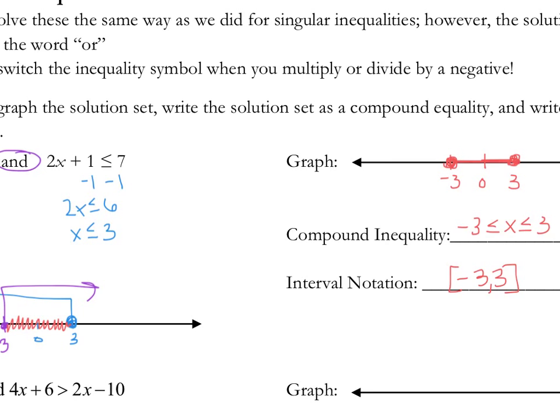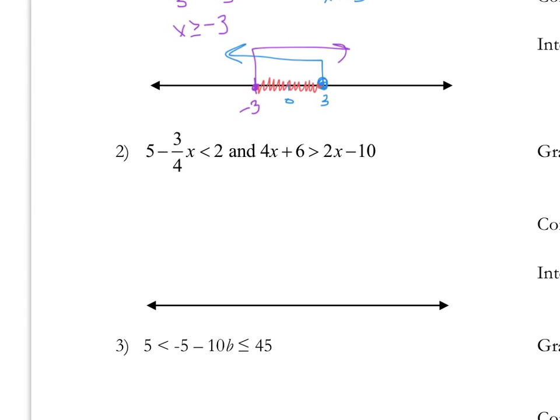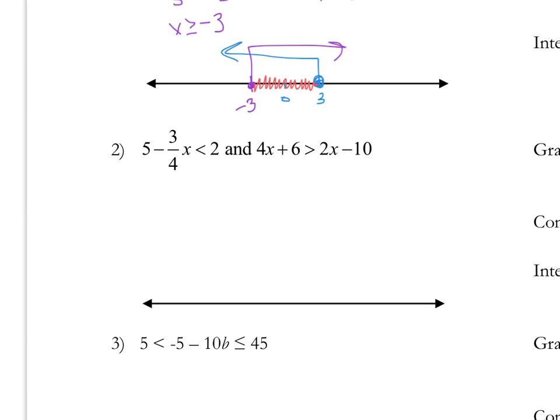All right, let's go ahead and try example 2. So first we subtract 5, and we get -3/4 x is less than -3. In order to get x by itself, we have to multiply by the reciprocal, which is -4/3.